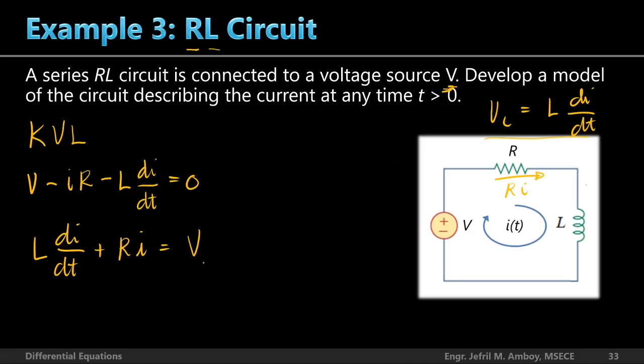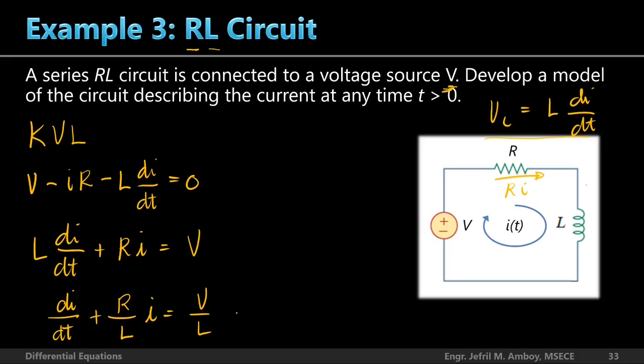So we need to divide both sides by L. Dividing both sides by L, we get di over dt plus R over L times I equals V over L. This is now the differential equation that we are looking for. This is the differential equation that describes the current in this series circuit at any given time.